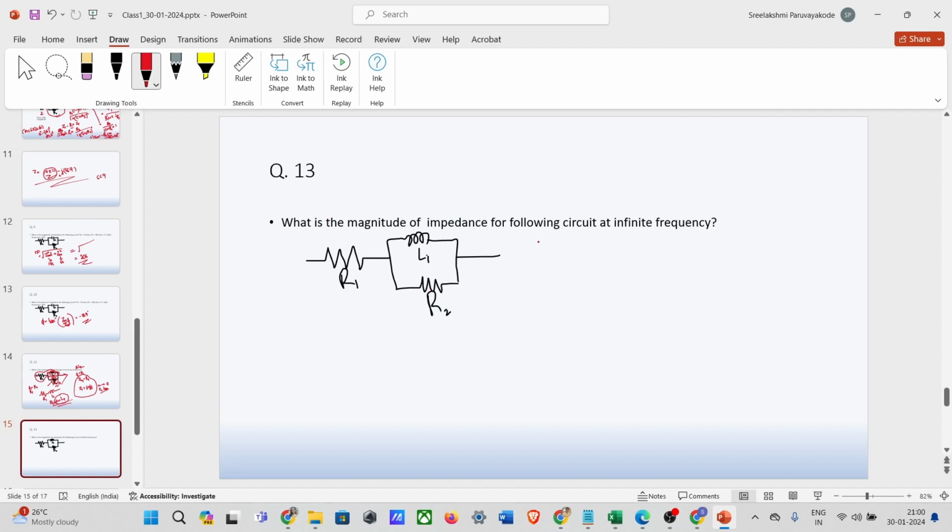Yeah, correct. You know that here it is j omega L, and at large frequency this impedance will be very high, so this one will be an open circuit. Current will go through the path which is easy for it, and here it will be R1 in series with R2.